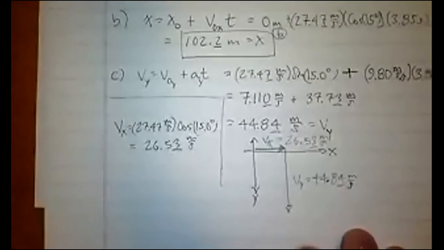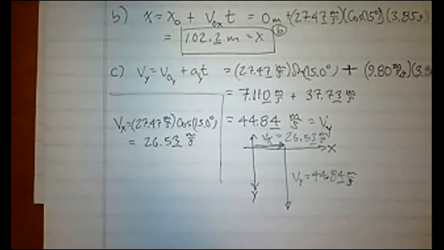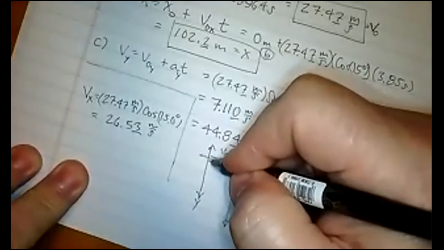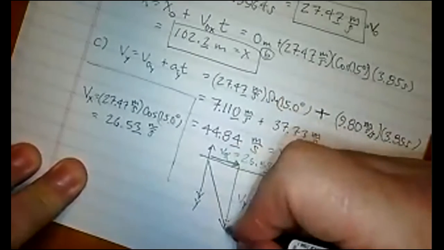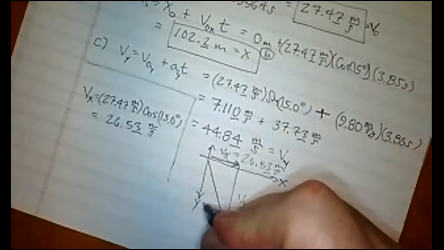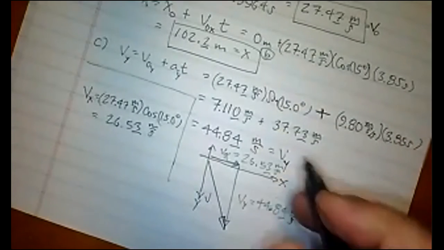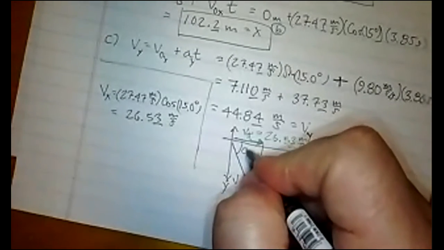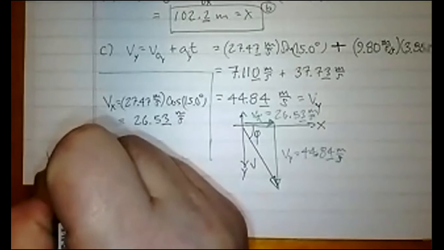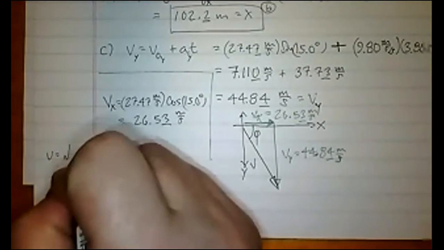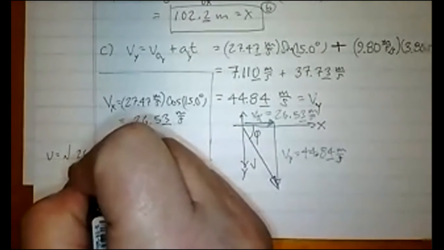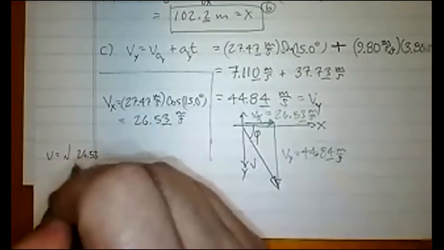I just got to reconstruct or build the vector. And that means figuring out what the magnitude of the vector is, which is V, and finding out what this angle we named phi was. Well, V is just given by the Pythagorean theorem. So V is equal to the square root of 26.53, and I'm going to leave the units off this time.